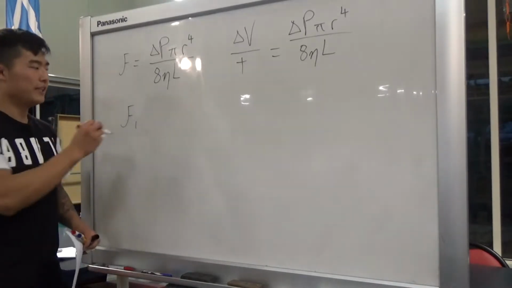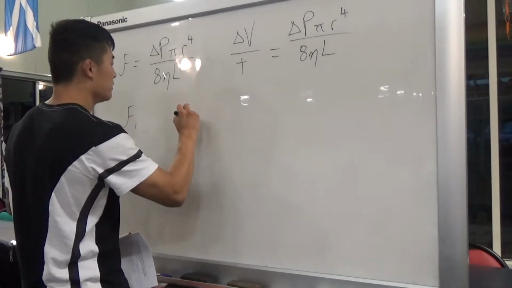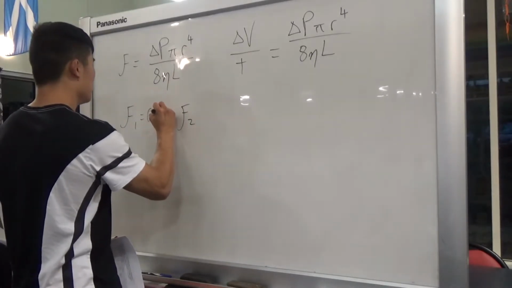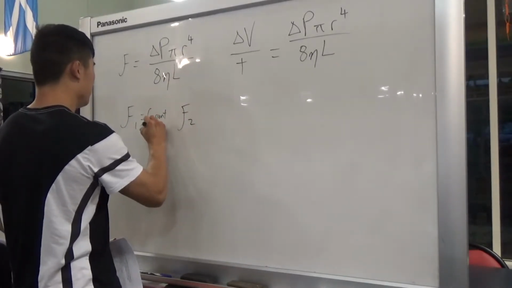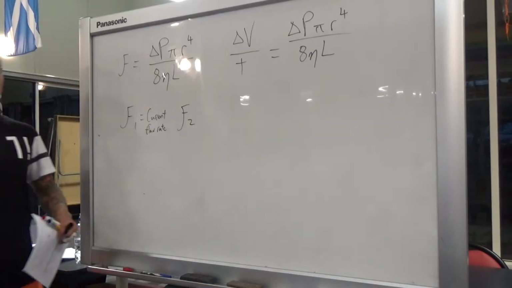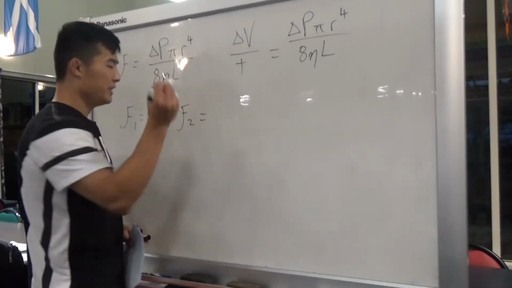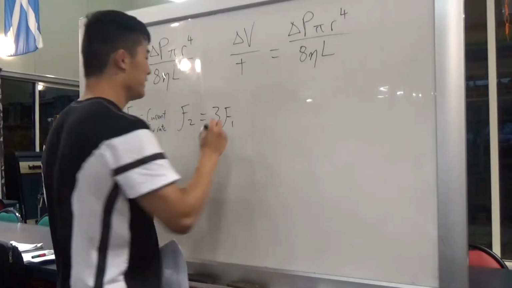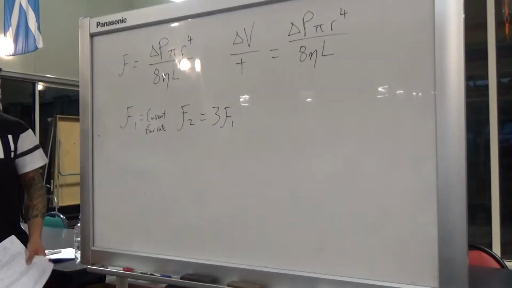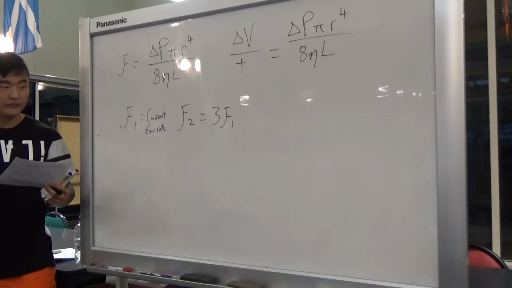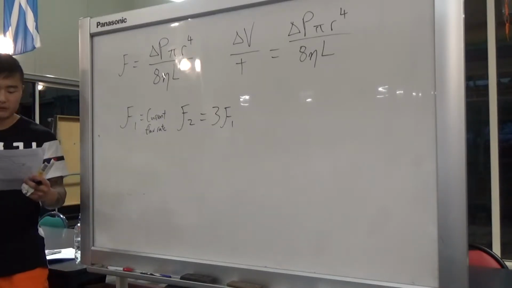But we want flow rate 2 to be equal to 3 times flow rate 1. Okay? So now the value of flow rate 2 is 3 times flow rate 1.